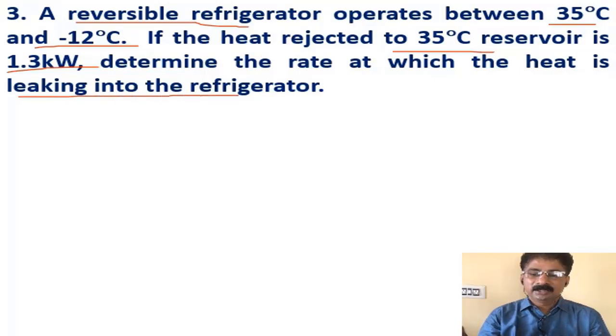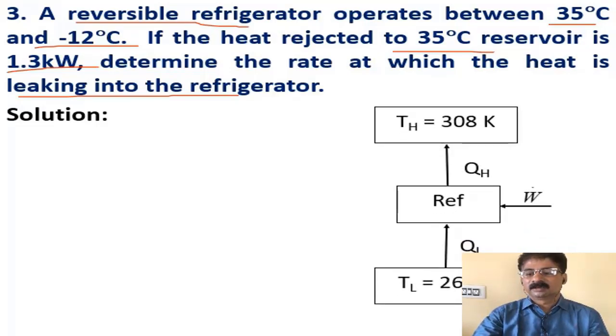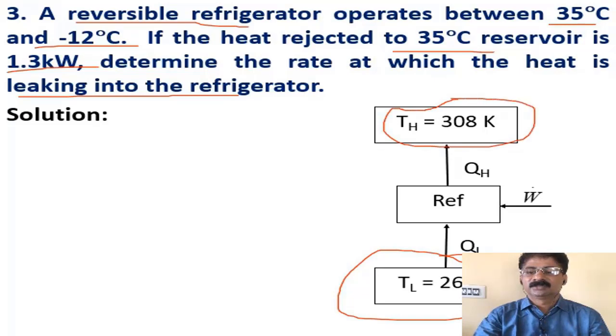Heat leaking into the refrigerator is nothing but the heat to be absorbed by the refrigerator from the space to be cooled. This is the space to be cooled, which is maintained at minus 12, so minus 12 is nothing but 261 Kelvin, and this is where heat is rejected, that is this high temperature, which is 35 degrees Celsius or 308 Kelvin.